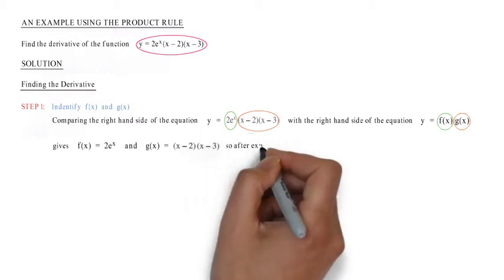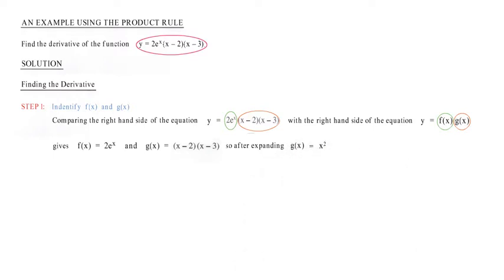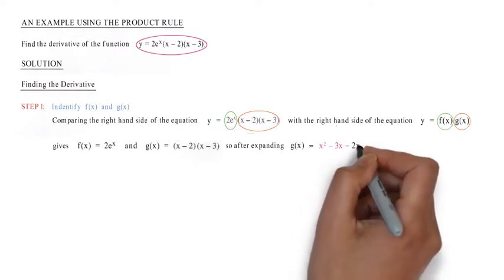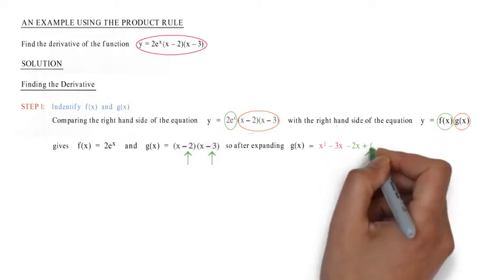So after expanding, g(x) equals x squared because x times x is x squared, minus 3x because x times minus 3 is minus 3x, minus 2x because minus 2 times x is minus 2x, plus 6 because minus 2 times minus 3 is plus 6.